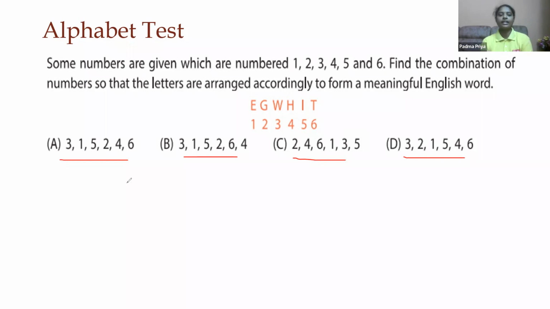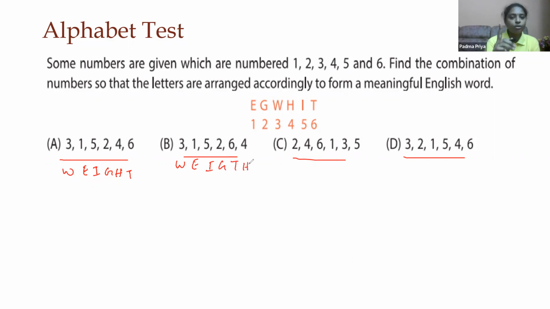Like, see here, let us try with the first one. 3 means W, 1 means E, 5 means I, next 2 means G, 4 means H, T is 6. What is the word formed? The same if you observe between the first and the second options, you see W, E, I, G, it is TH.